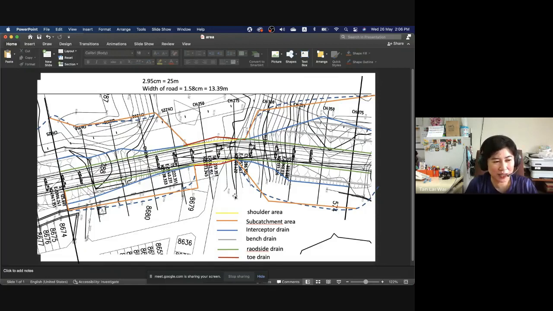When you propose the road alignment, below this drawing is the longitudinal section. Once you have given the horizontal and vertical alignment, this will be produced, based on the vertical alignment, whether to cut or fill the area.